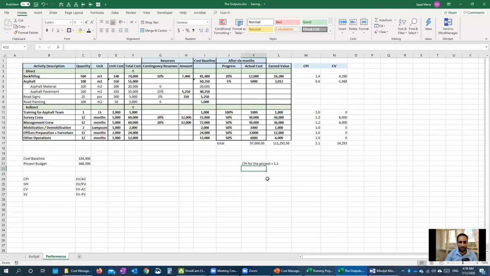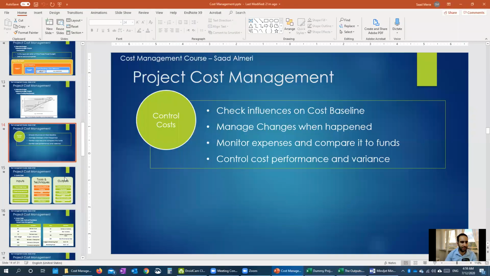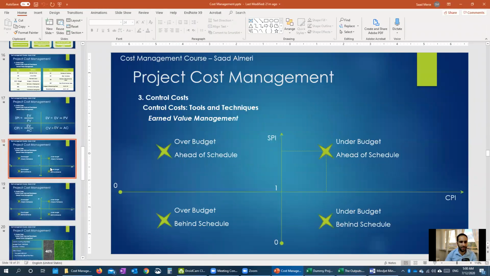What does that mean? That means the project status is under budget. Because like we said here, when we come to this nice graph, we know that if the CPI is more than 1, that means the project is under budget. We are not looking into the schedule now, but this is the status of the project.